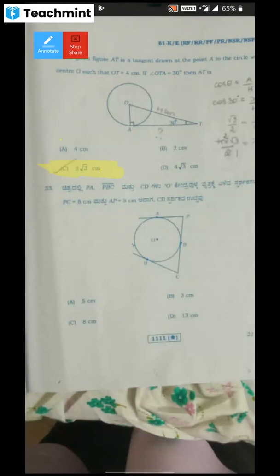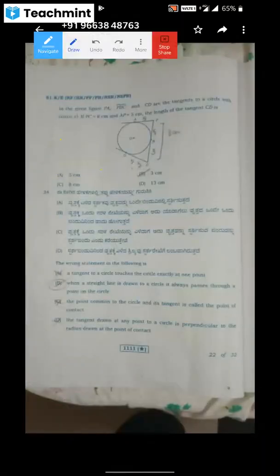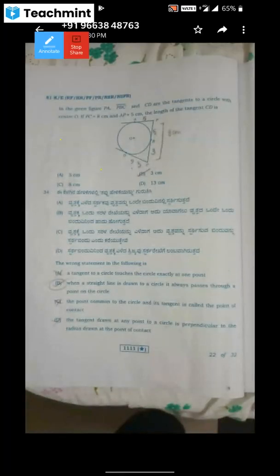Next, the 33rd question. In the given figure, PA, PBC and CD are the tangents to a circle with center O. If PC is equal to 8 centimeter and AP is 5, AP and PB are equal because tangents drawn from the same external point, so PB is also equal to 5.